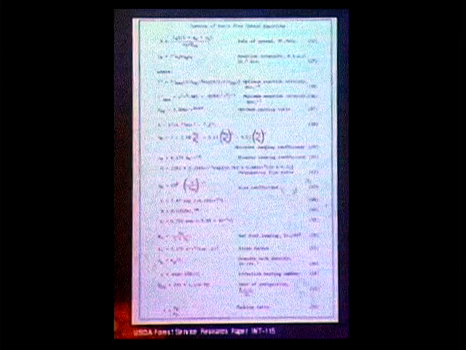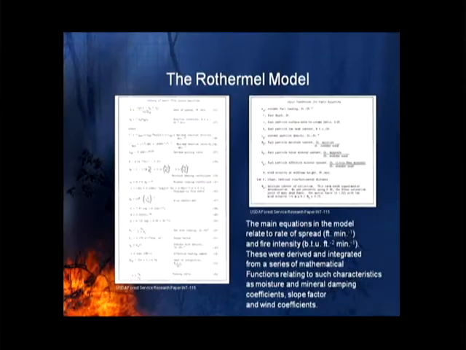Well, there's one page of his. This was another page. It's from the actual pamphlet, which I found online. The main equations of the model relate to the rate of fire spread, feet per minute. They're usually English. The forest guys, they use English. They don't use metric.